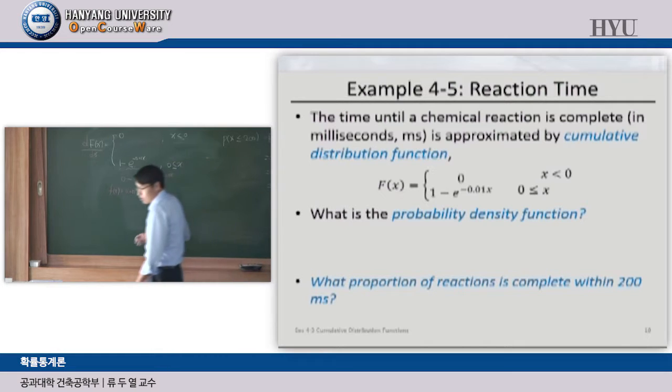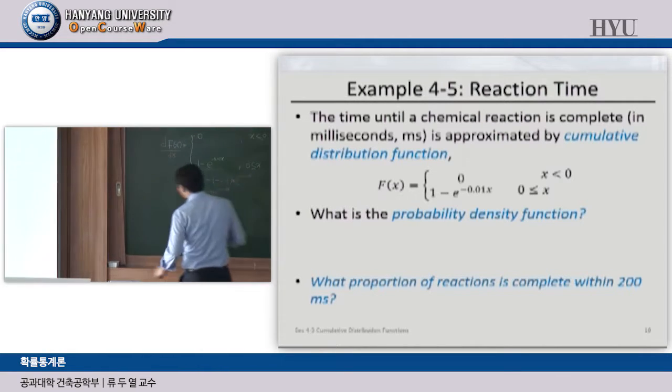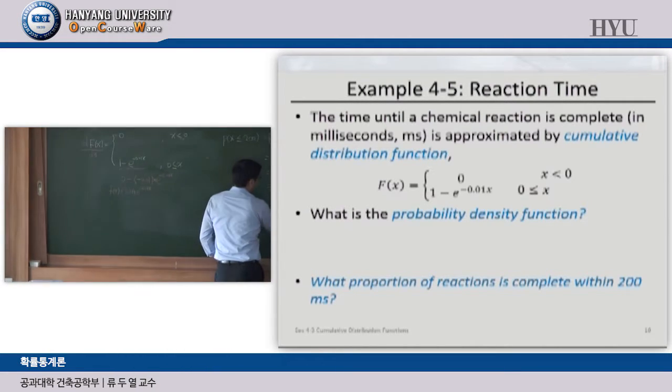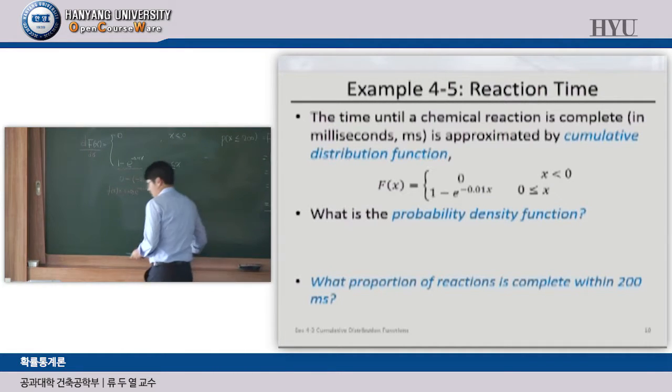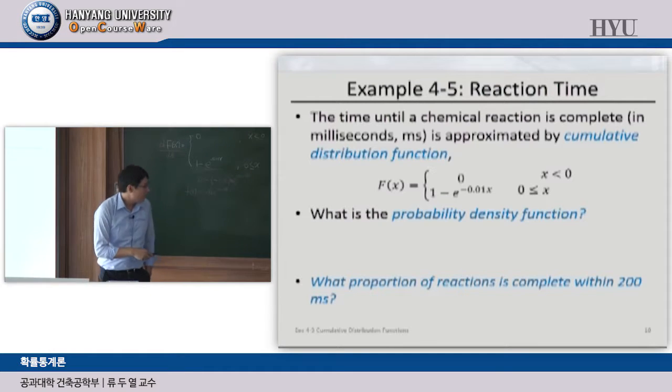And that is equal to 1 minus 0.135, so that is 0.865. So this is the proportion of reactions completed within 200 milliseconds.